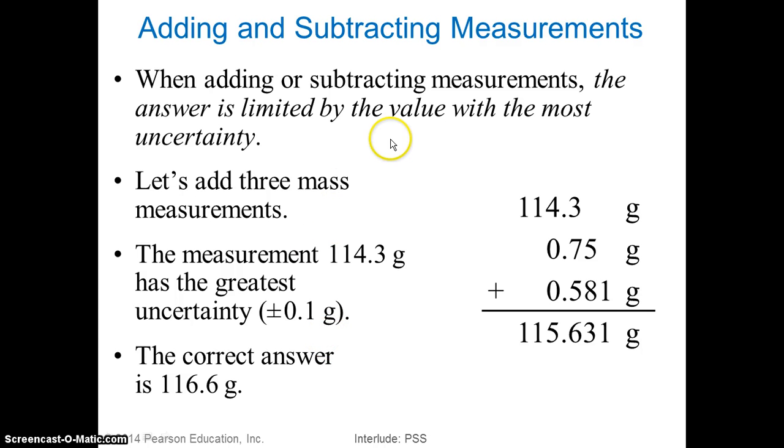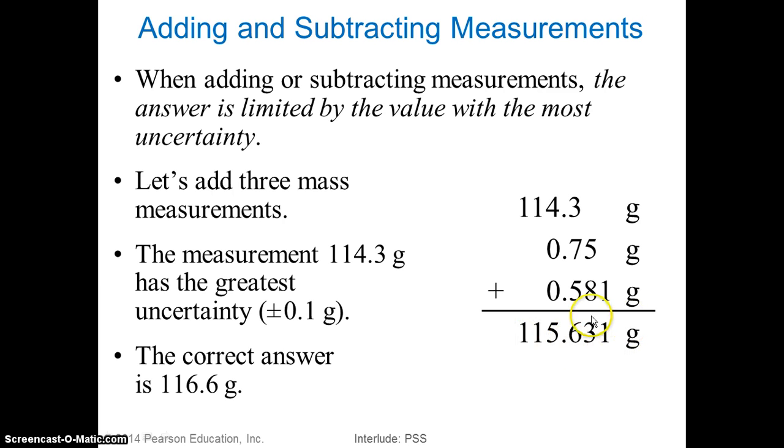Now let's talk about adding and subtracting. When you add or subtract measurements, the answer is limited by the value with the most uncertainty. For example, let's say we are adding 114.3 gram, 0.75 gram and 0.581 gram. You can see the most uncertain value is 114.3. It has the greatest uncertainty, plus or minus 0.1 gram.